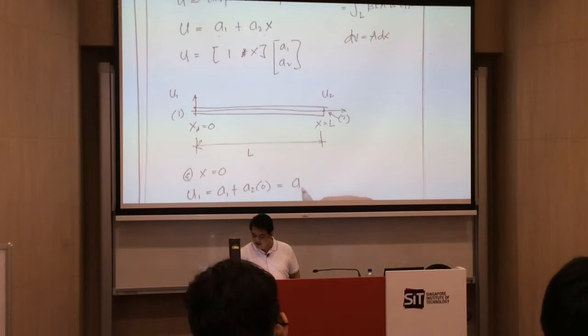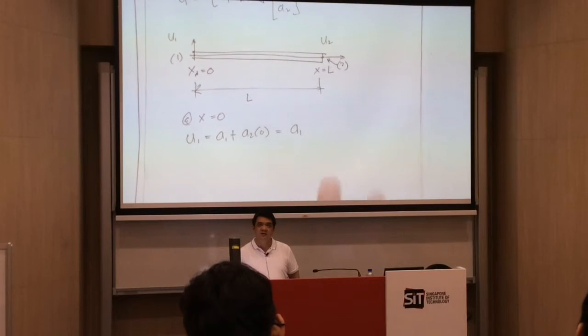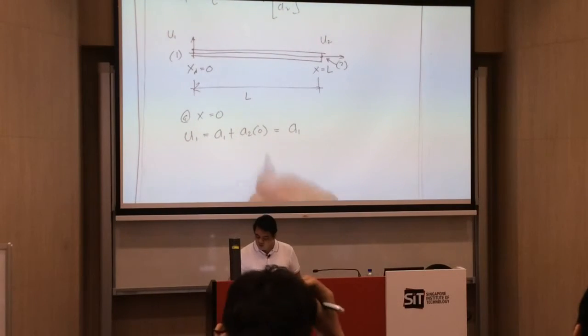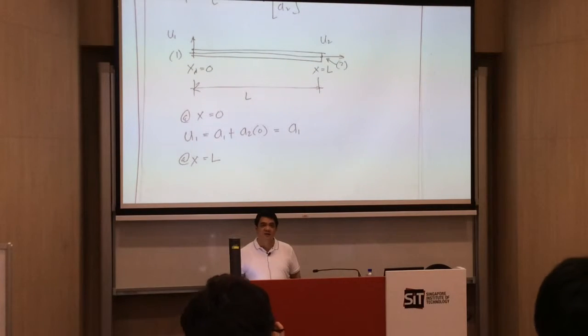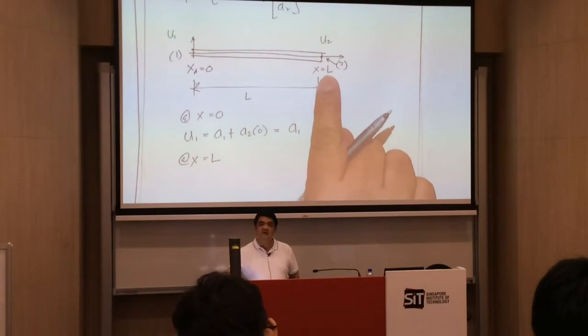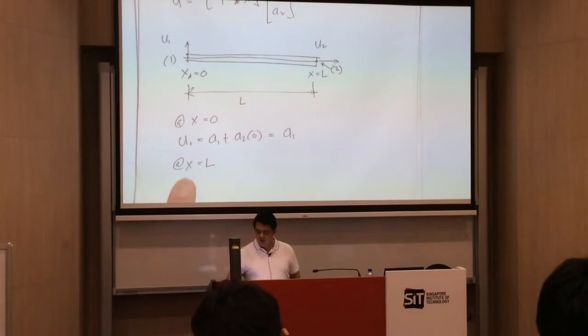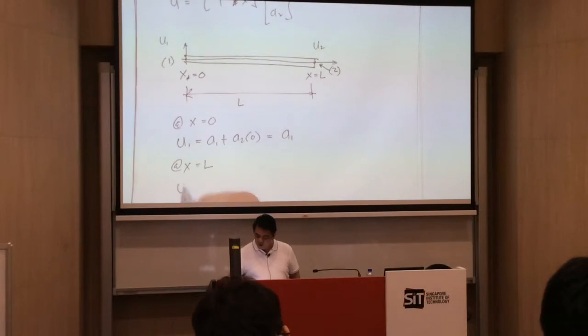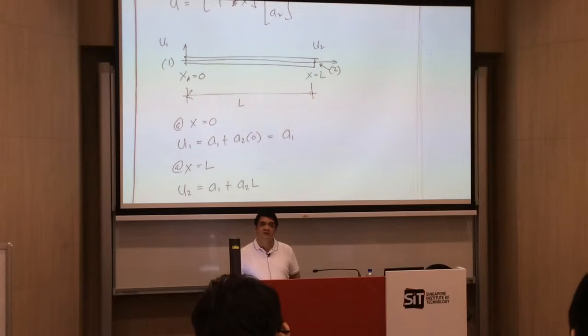So this u1 is simply equal to a1. Yes? Now, moving on, at x equal to L, which is at point 2, we can have u2 equal to a1 plus a2 multiplied by L.